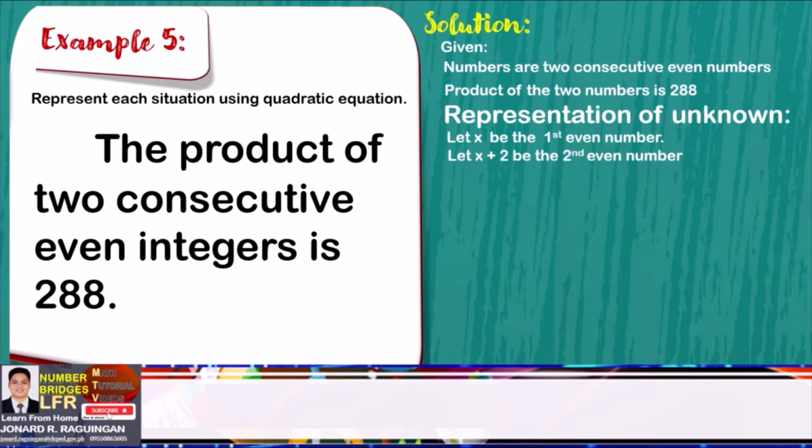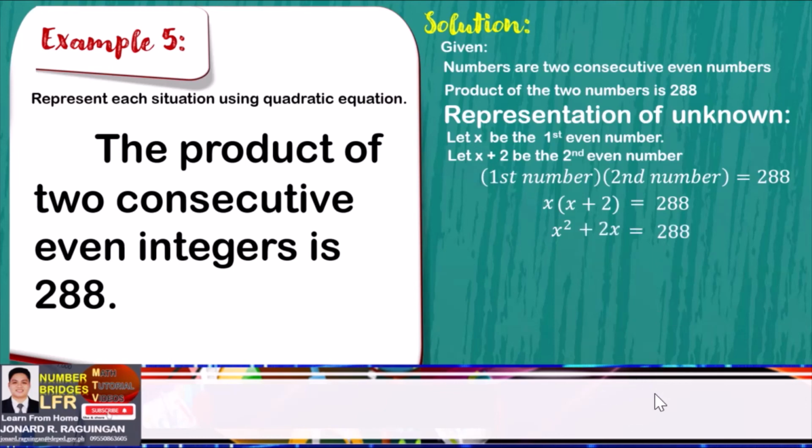It states that the product of the first number and the second number is 288. So we have first number times second number is equal to 288. Our first number is x and our second number is x plus 2 is equal to 288. Simplify. X times x is x squared. X times 2 is equal to 2x is equal to 288.